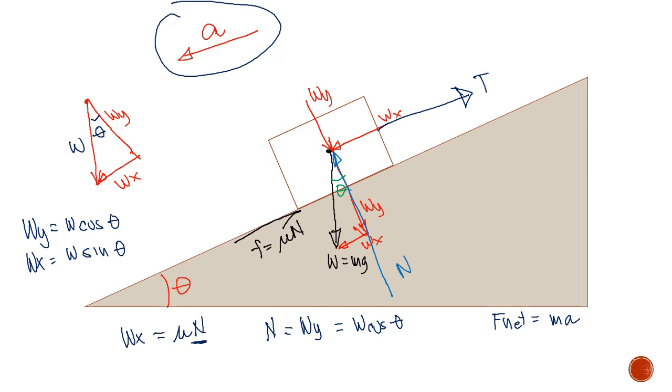For example, this one is going down. And then all forces here in the F net that are going in the direction of the acceleration will be positive, and the ones that are opposing the direction of the acceleration will be negative. I hope in this case we are able to show the forces that are acting on an inclined plane.